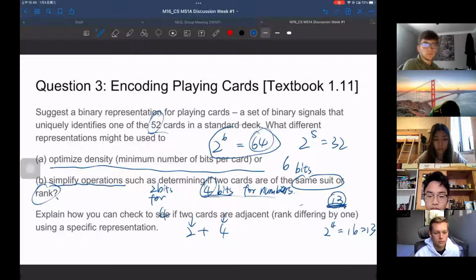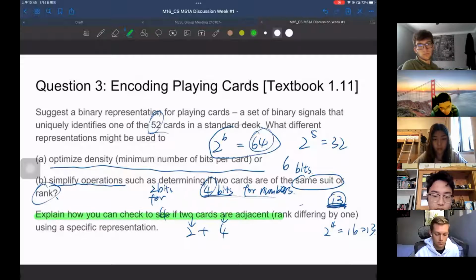Okay, finally, there's a small question. Actually, it's an extension: if you want to check whether 2 cards are adjacent, how about we revisit this in the future? But currently, does anyone have any thoughts? How do we know if we are looking at 2 adjacent cards?